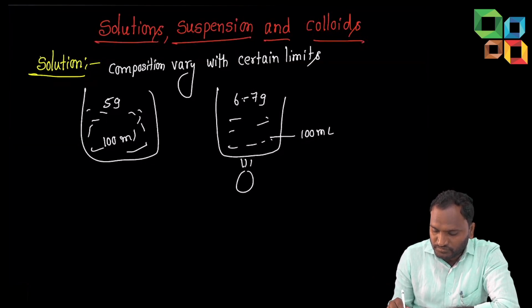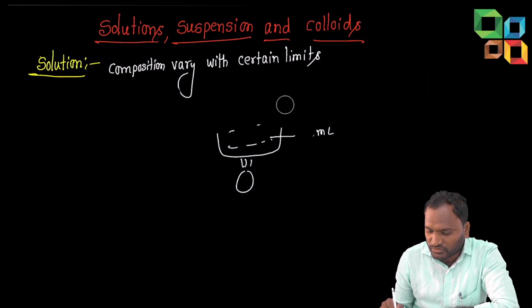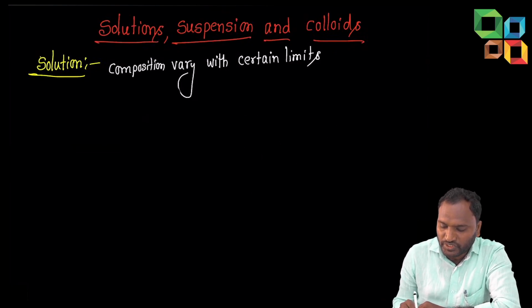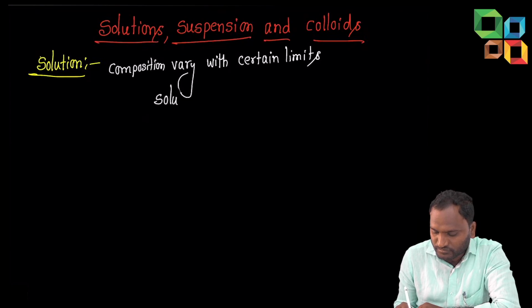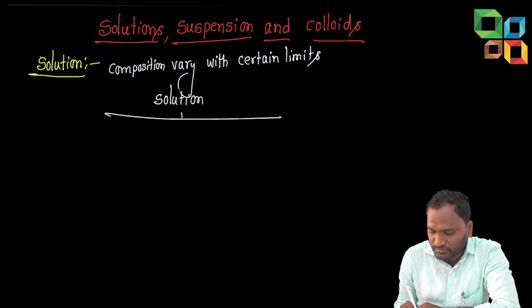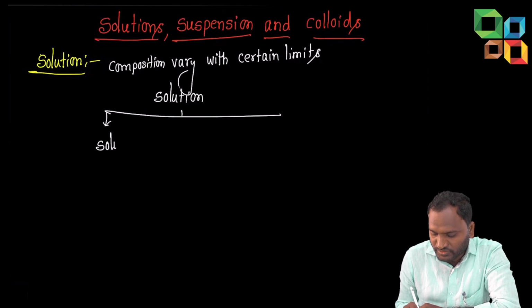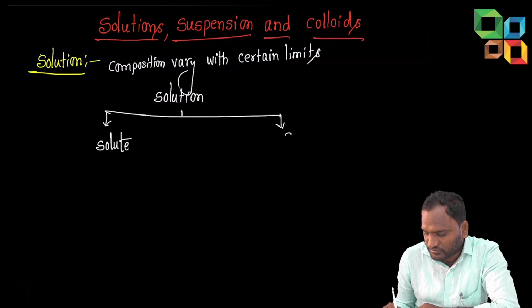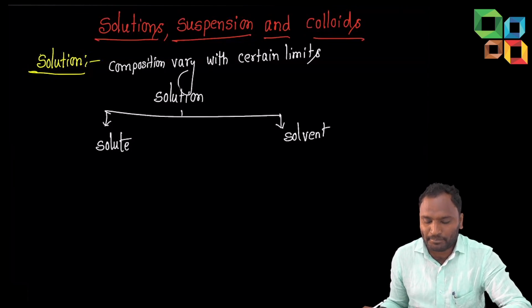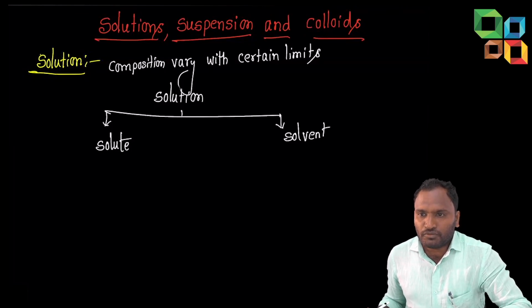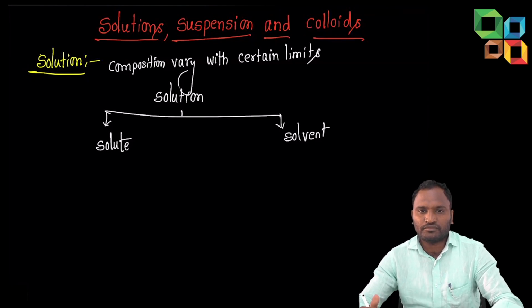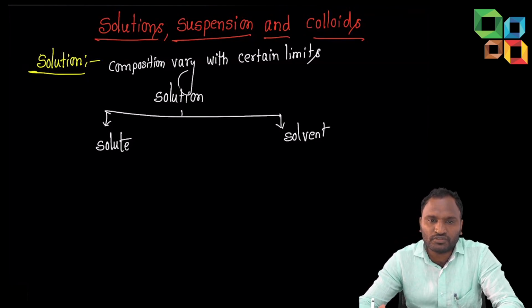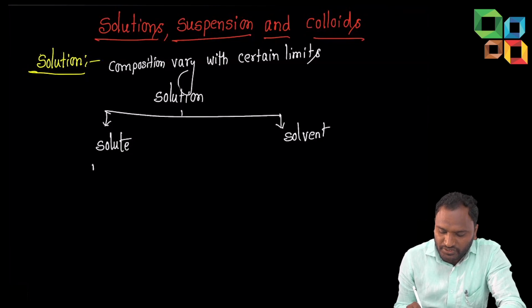Now, a solution contains two components. What are the two main components? Solute and solvent. Which is in minor quantity, students? Out of solute and solvent in a solution, which is in minor quantity? Solute is in minor quantity.